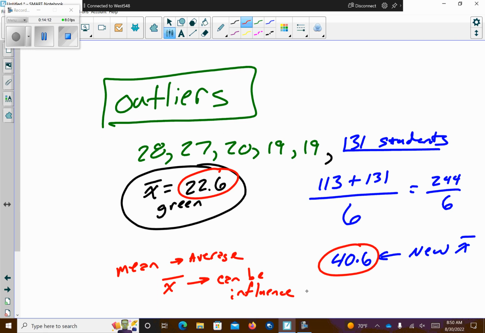So this kind of thing could take place, you know, if you were to ask me as a teacher, what's the average amount of students I personally have in class? My medical class has 89 students in it.